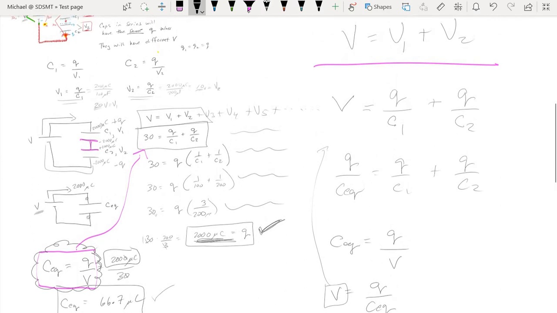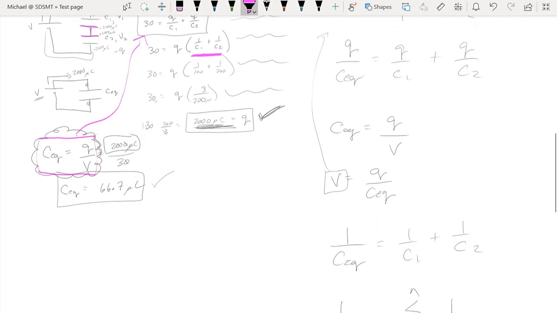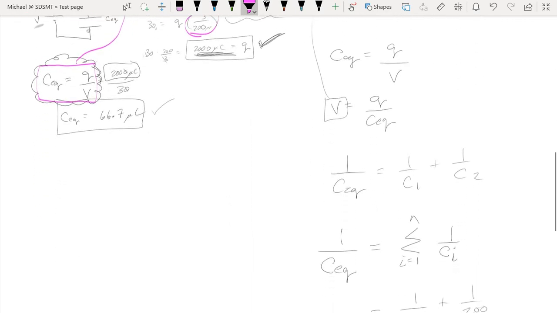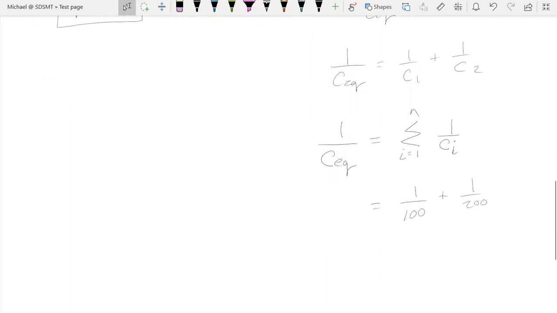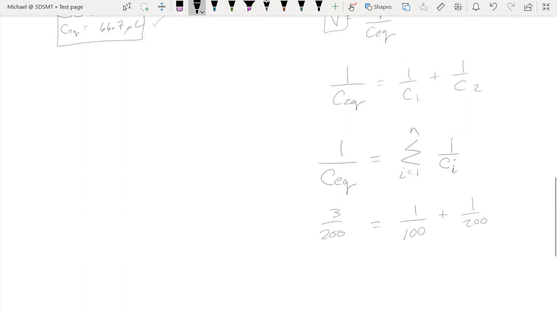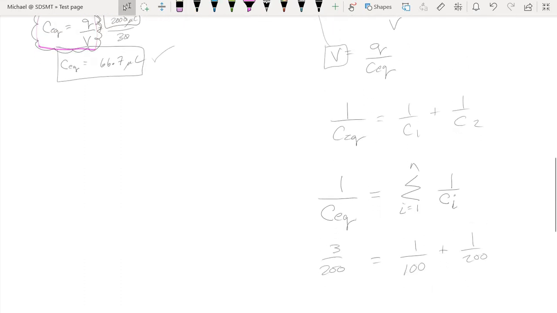This happened during this step right here. We were actually finding the equivalent capacitance without even realizing it. That summation is 3 over 200. And you're looking at that and you're saying, well, that's not that value, and I agree. It's the inverse value. We have to take our answer and we have to flip it over.